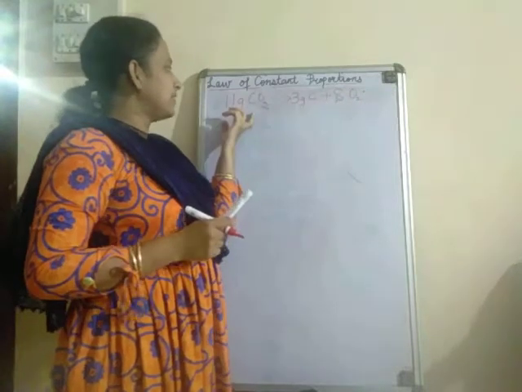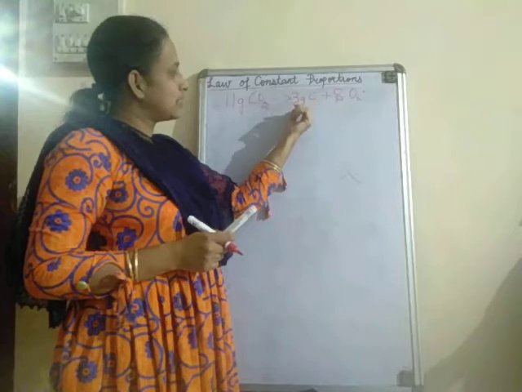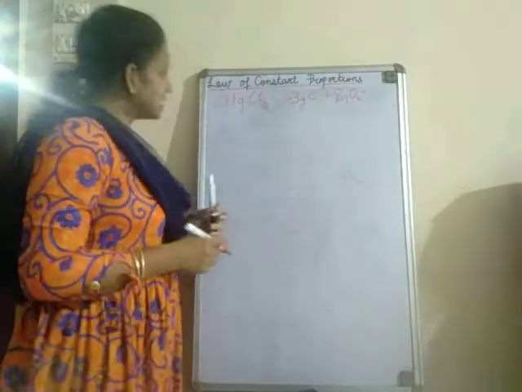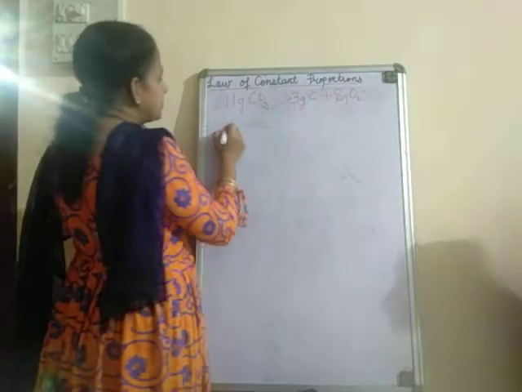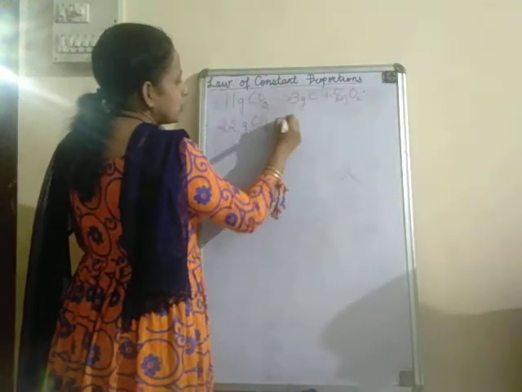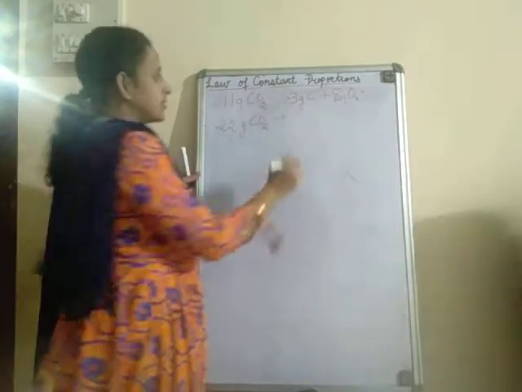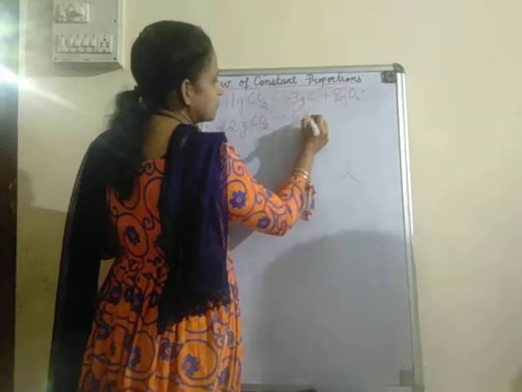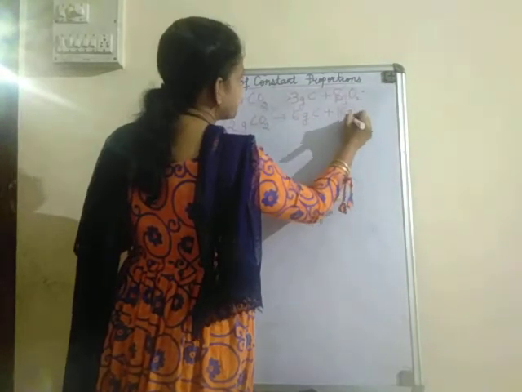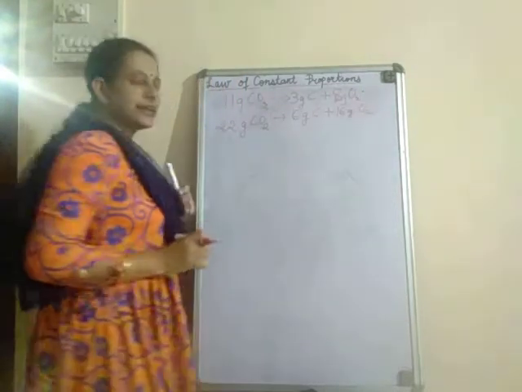Now let us take one more example. Suppose 22 grams of carbon dioxide, how many grams of carbon will be there? Yes, you are right, it will be 6 grams of carbon and 16 grams of oxygen, correct? So 16 plus 6 becomes 22 grams.